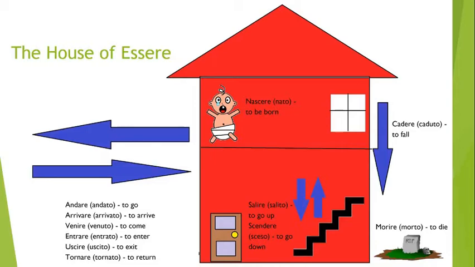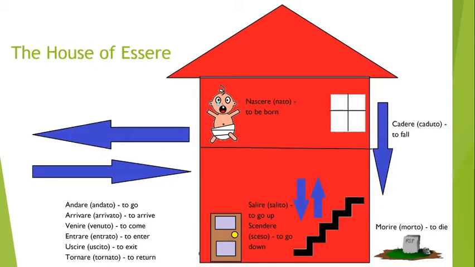These are all essere verbs, right? So this is just a little image to help you learn some of the most common essere verbs that people use all the time. So if someone asks you, where were you born? They would say, dove sei nato, if you're a man, or dove sei nata, if you're a woman. Nato, nata, to be born. And you would say, sono nato, and then say where you were born.